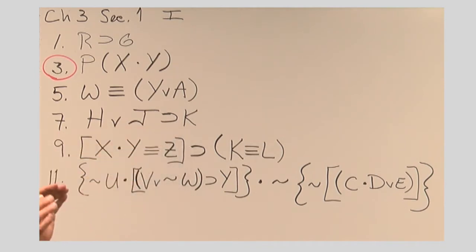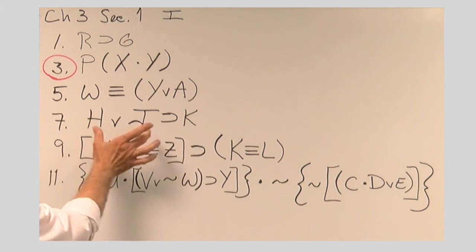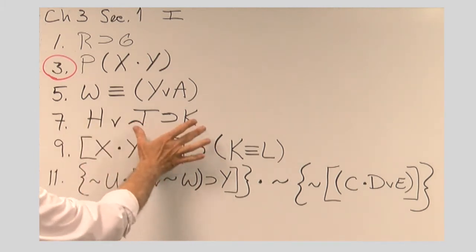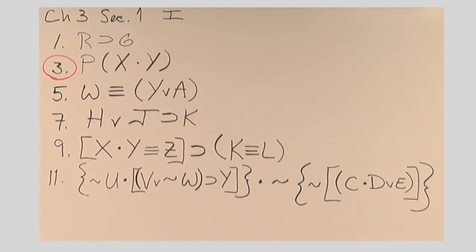What we need is a set of parentheses in order to show what the main connective is. So we would have to have a set of parentheses here or here, but there is none, so it's not well formed. So what we would do would be to circle the number of the problem to show that it's not well formed. That's all you would have to do in this kind of exercise.